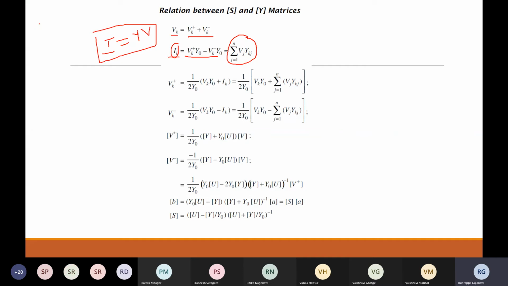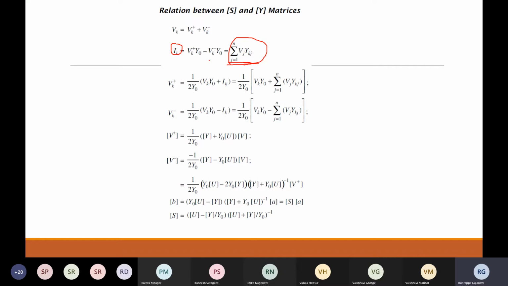In the impedance matrix, we make use of the equation Z into I. Now here in admittance, we make use of this equation, so we represent the current over here. In this case, we obtain the equation for IK, which is represented over here.